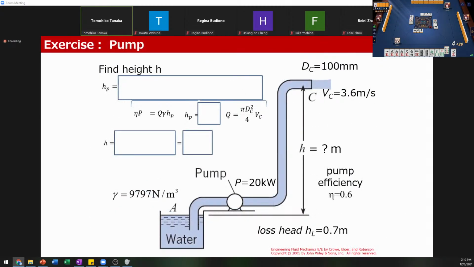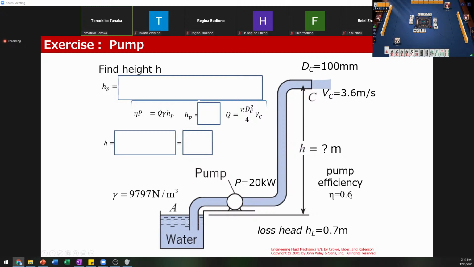So the next exercise is a pump. There is a pump here, and this is water with gamma of 9.7 kilonewton per meter cubed, and the height. The question is, what's the height here?